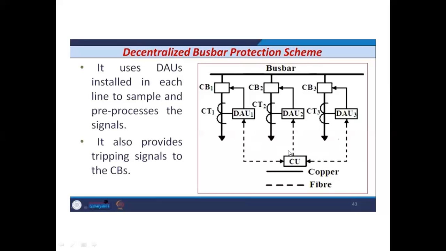This is the central unit. This unit also provides the signal to the circuit breaker, as I have told you. This type of scheme has a separate central unit for gathering all the processing. Transmission of data between the central unit and the data acquisition unit is usually performed by optical fiber cable.